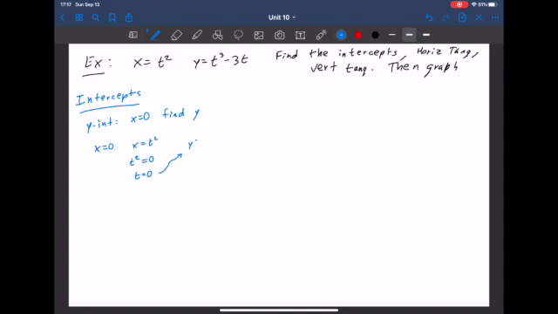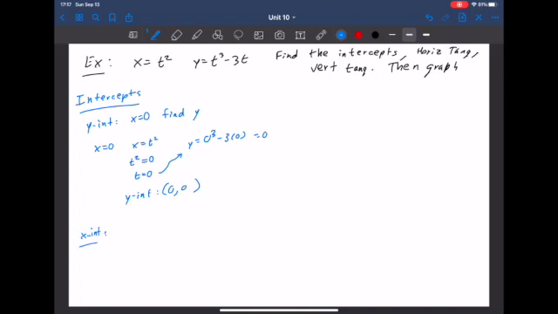When I plug that into y, I get 0 cubed minus 3 times 0, which is just 0. So our y-intercept is 0, 0. Easy peasy.